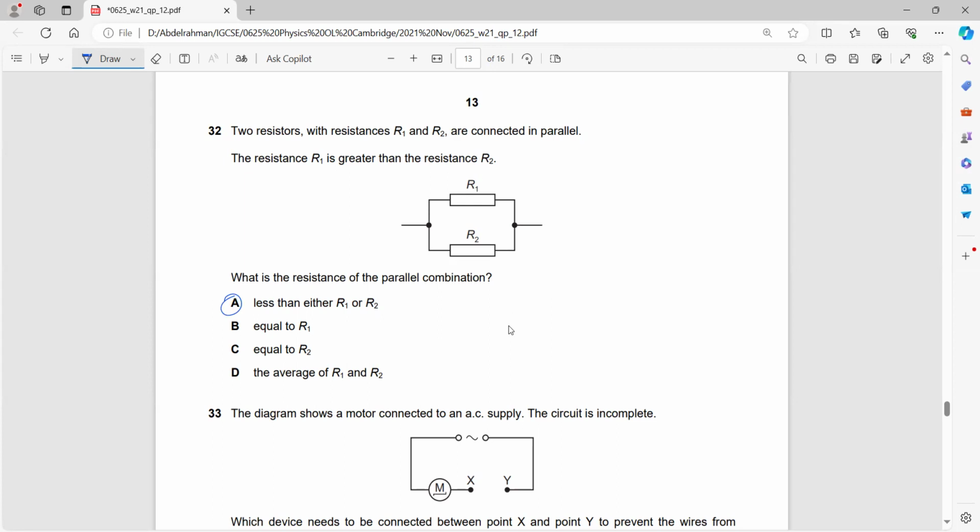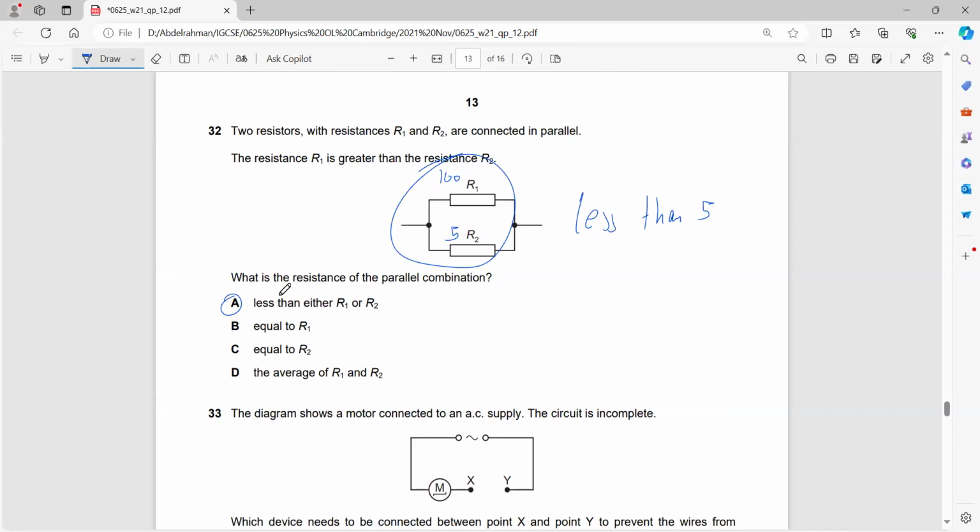For example, if R1 was 100 ohms and R2 was 5 ohms, the total resistance of this combination would be less than 5. To be more specific, it has to be less than the least resistor.